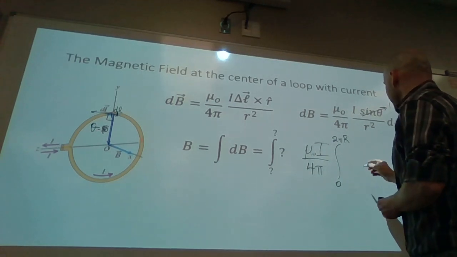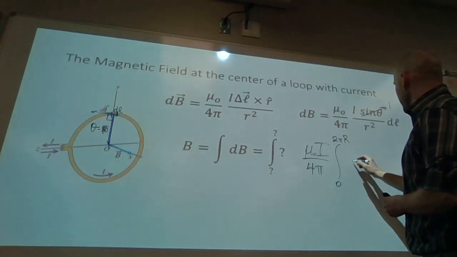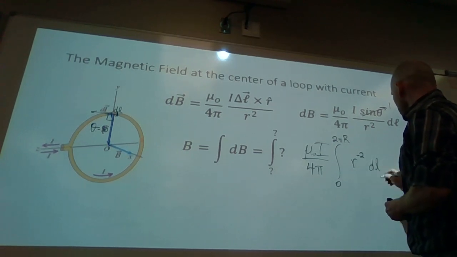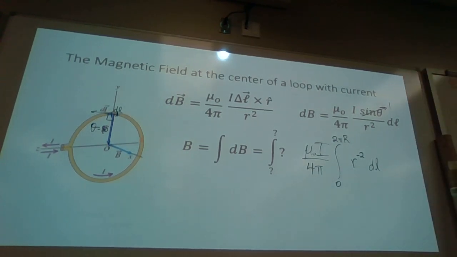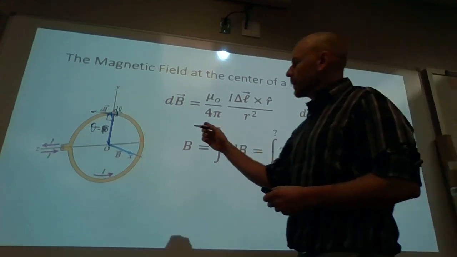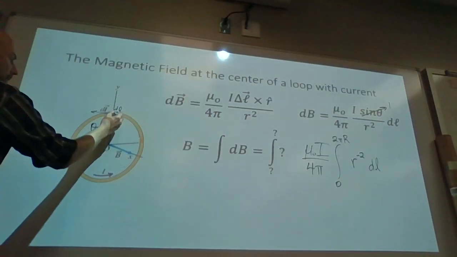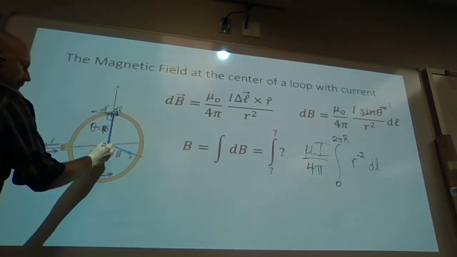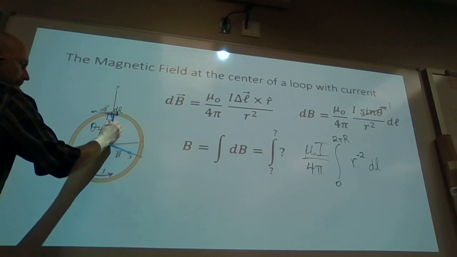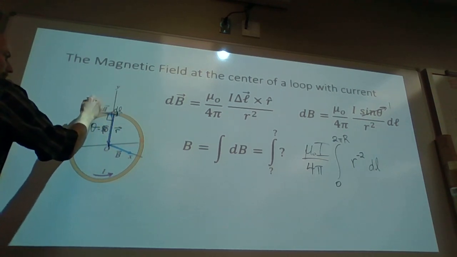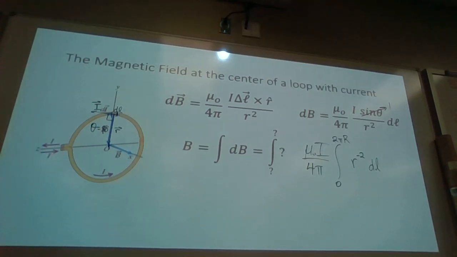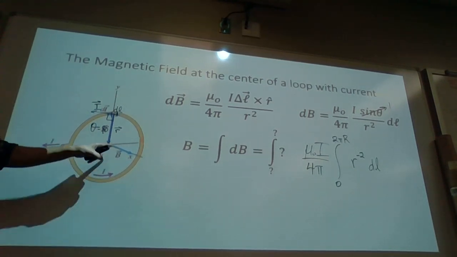So yeah, you can have bigger or smaller loops. That's fair. Why decide on one? Because the direction of current from the center is going this way, and compared to where we're trying to observe, this is R, and this is I. So they're perpendicular at the center.